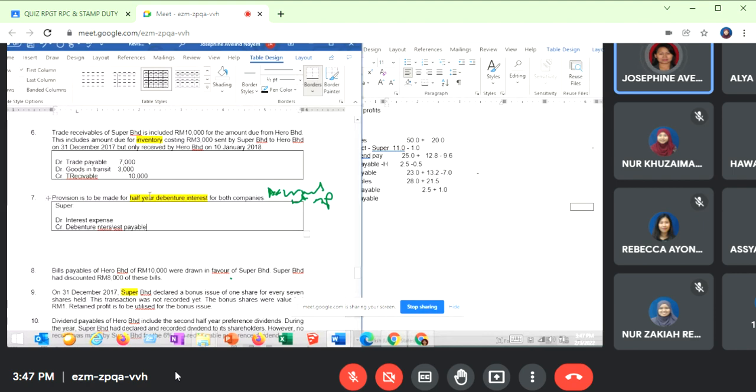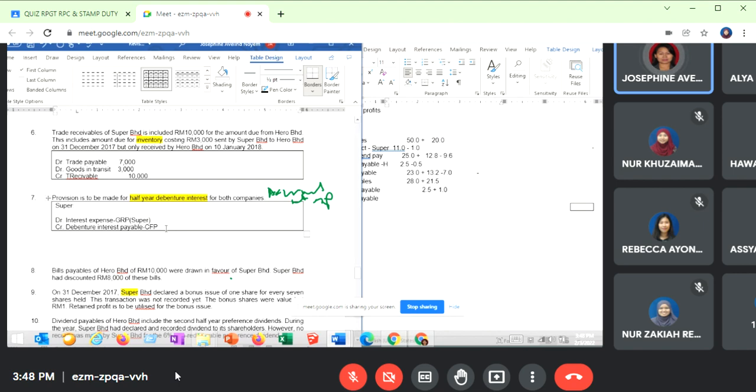It means the same thing. Debenture interest payable or accrued interest. So you will credit your debenture interest payable, and this interest payable will go to the consolidated financial position, and this interest expense will go to the group. That will be charged to the group retained profit of Super.